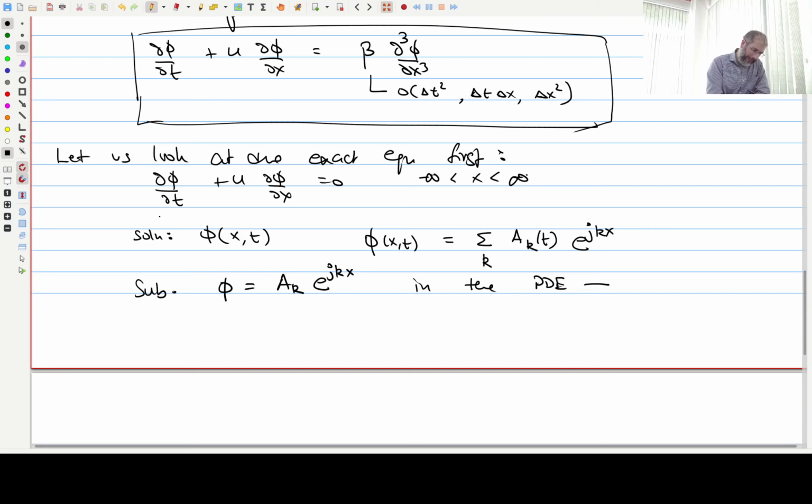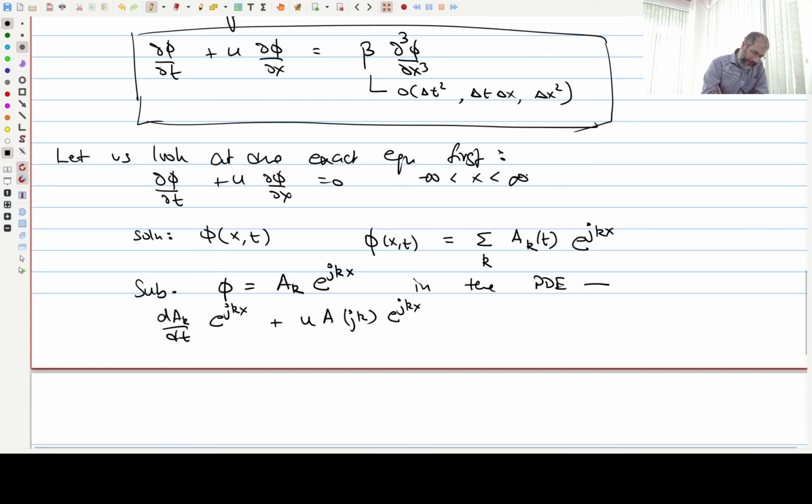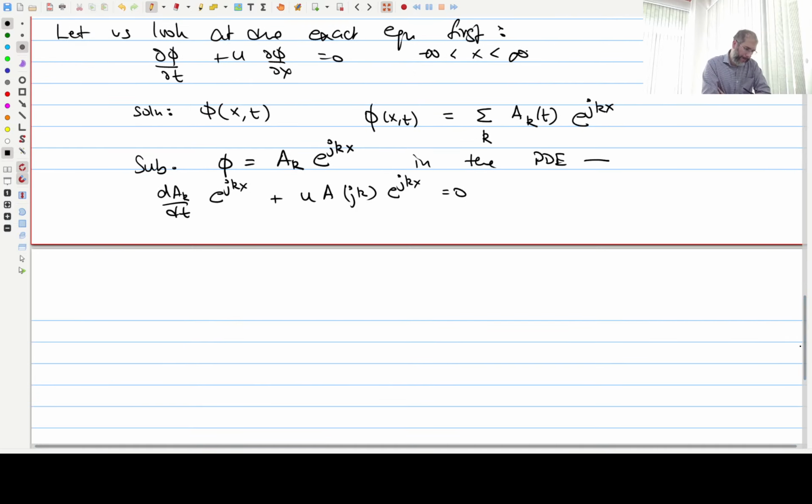So we have a del phi by del t term, which becomes dak by dt, because a is a pure function of t, times e to the power of jkx, plus u times del phi by del x. So a this time is a constant for this differentiation, and when you differentiate e to the power of jkx, you get a j times k out, and then you get e to the power of jkx, which is equal to 0. So e to the jkx will cancel out.